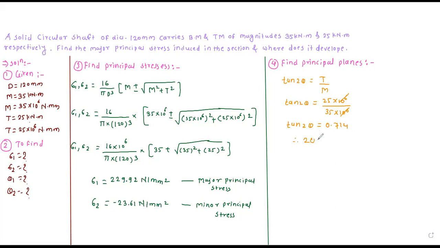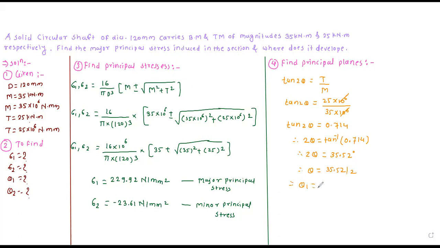Therefore 2 theta equals tan inverse of 0.714, which is 35.52 degree, and therefore theta equals 35.52 divided by 2.